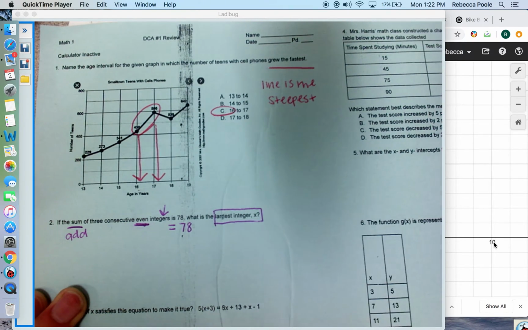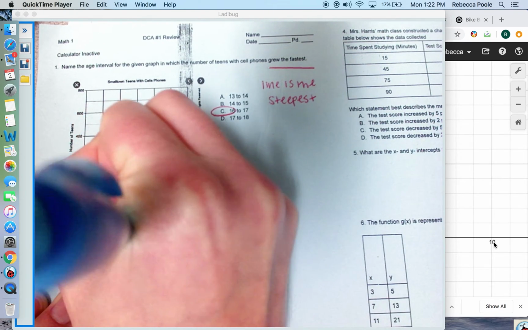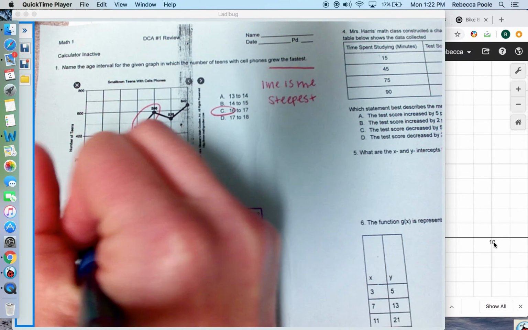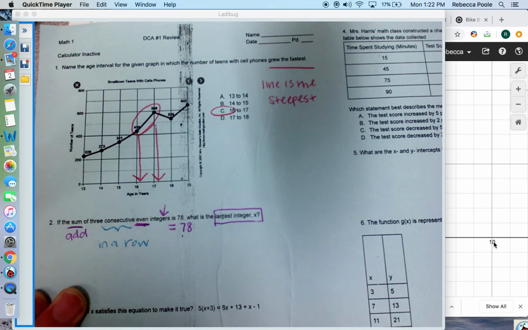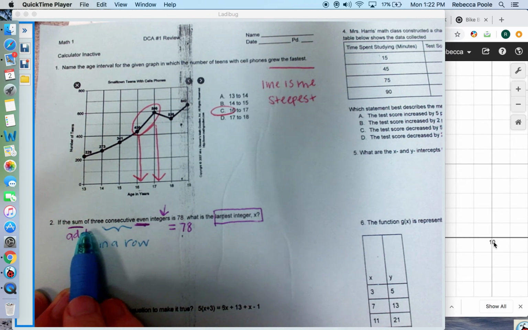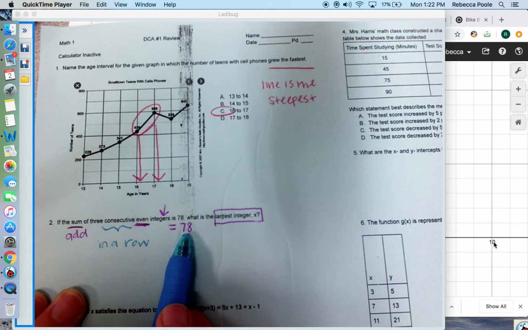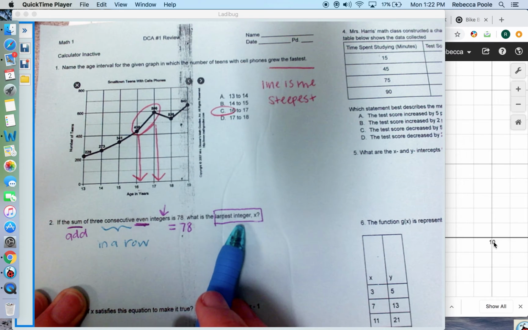Another important word in this question is the word consecutive. Consecutive in math and in life means that they're in a row. So we're looking for the sum of 3 even numbers in a row that equals 78, and then they want us to tell them the largest one of those numbers.